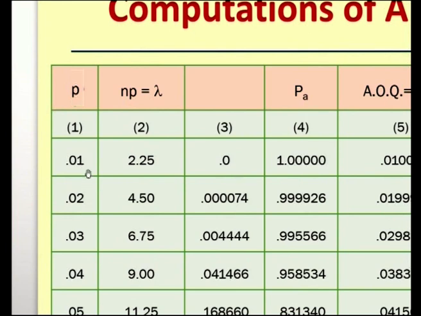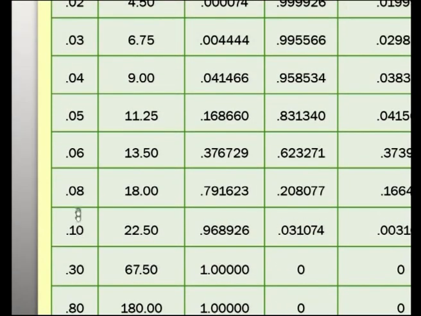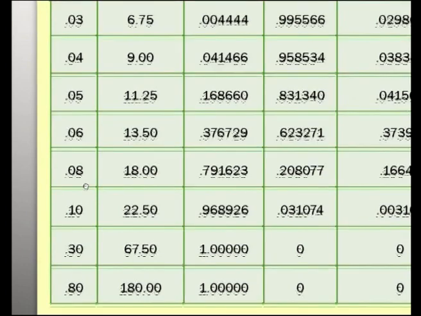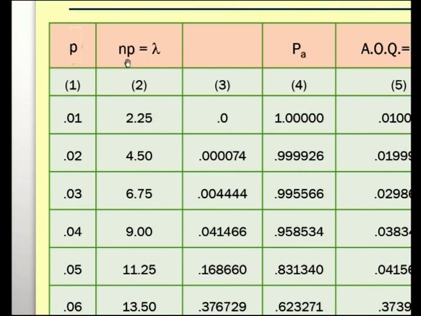Because we have assumed the p value is less than 0.10, we can assume the values of p as 0.01, 0.02, 0.03 etc., up to 0.08 and then 0.10 like that, and above 0.10, p values of 0.30 and 0.80 are assumed. Now, with this we calculate lambda.